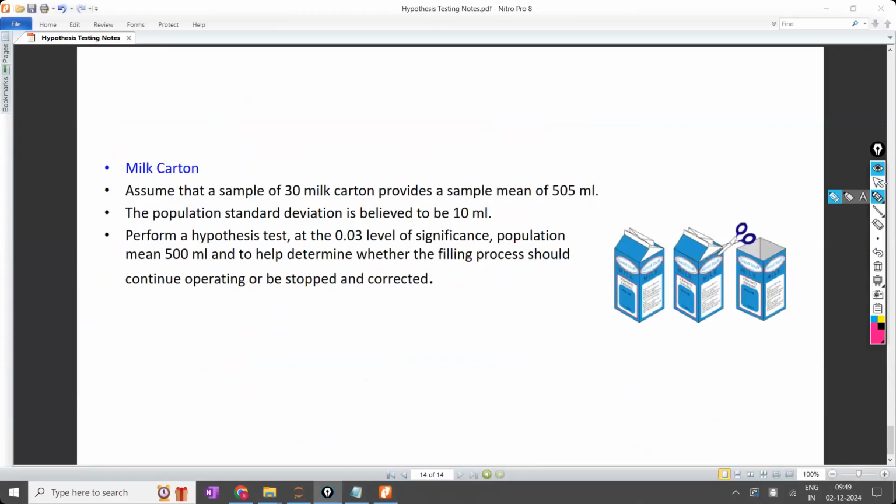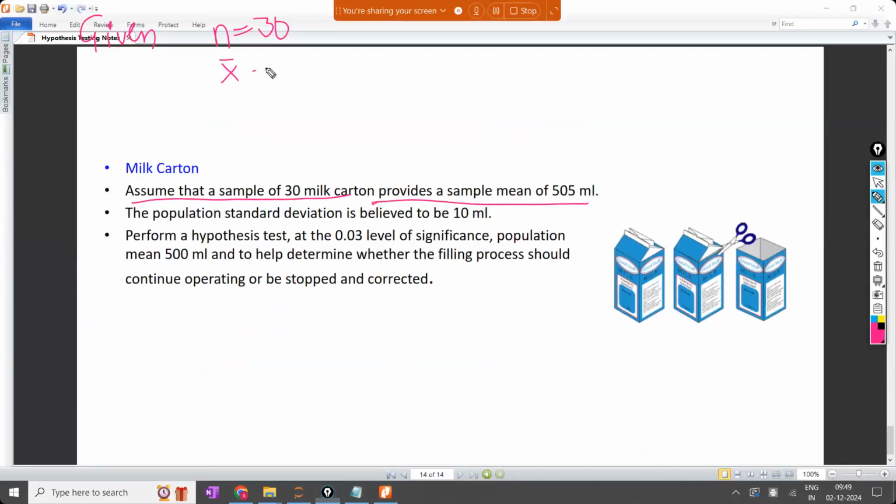First you write the given data, then you will get clarity. Given: a sample of 30 milk cartons, n is equal to 30, milk packets are selected. A sample mean of 505, that is 505 ml. The population standard deviation is believed to be 10 ml, that is sigma is equal to 10 ml.